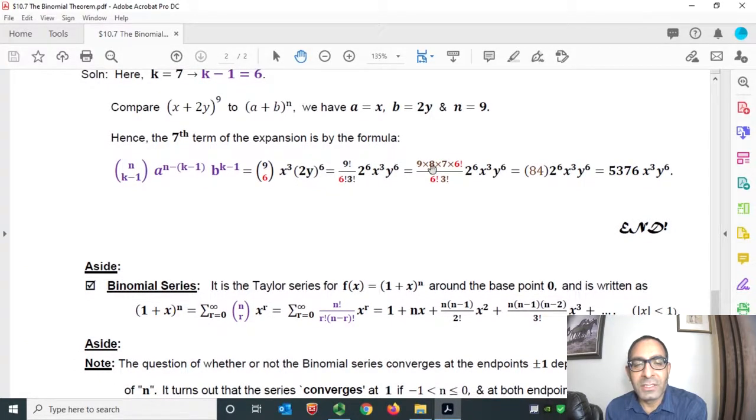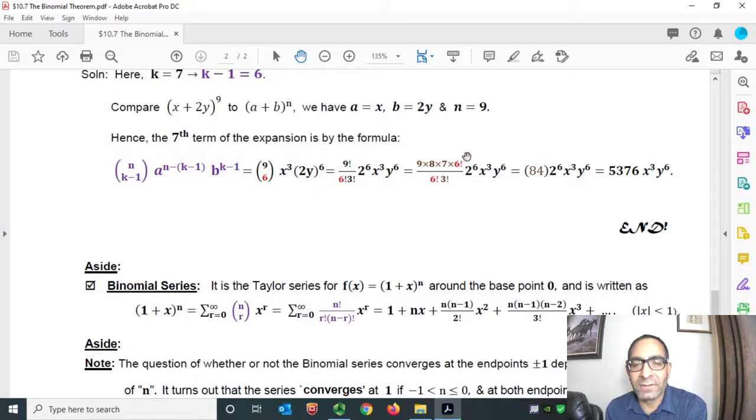Then in the next step, 9 factorial equals 9 times 8 times 7 times 6 factorial. Let's stop at 6 factorial so that we can cancel the 6 factorial in the numerator as well as in the denominator, which is 6 factorial times 3 factorial. In the numerator, I copied the 2 raised to the power 6, x raised to the power 3, and y raised to the power 6 as they are.